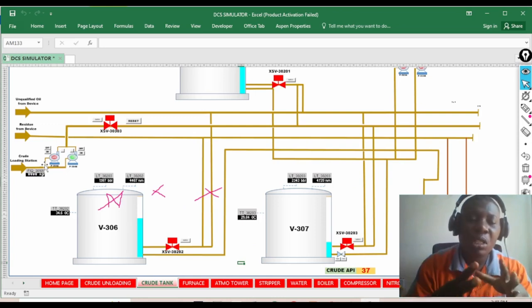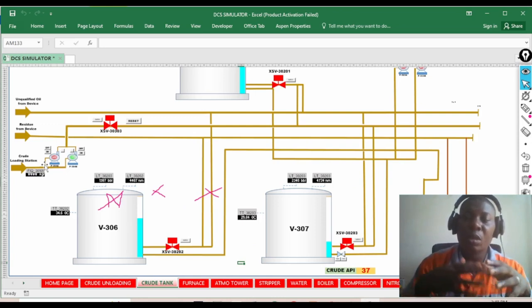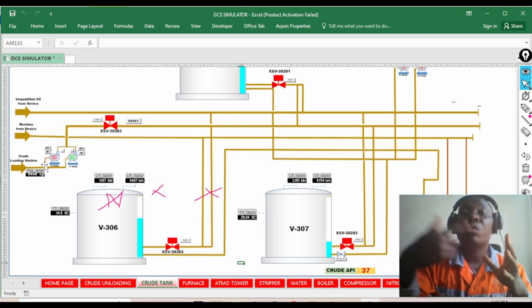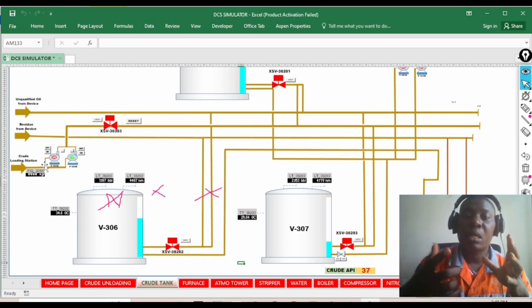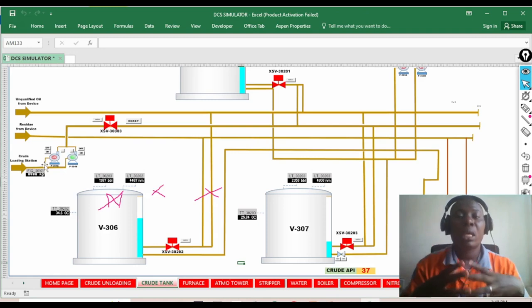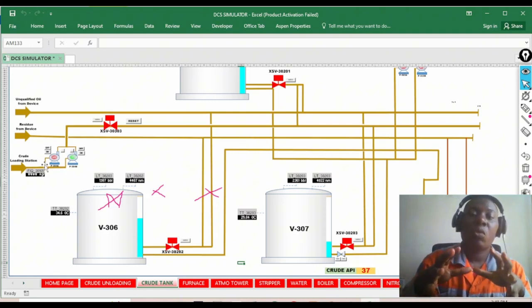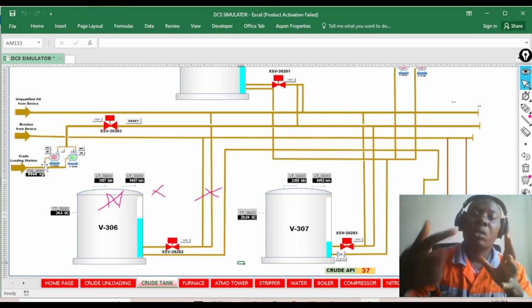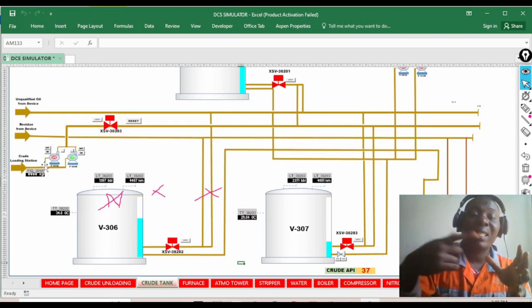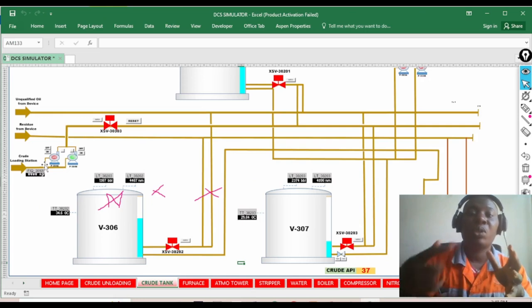Now at that point, what is going to happen? The impellers of the pump will be rotating, they will be working, but there is no fluid, so it will be sucking air, and then what we call cavitation is going to take place. Now continuous running of the impellers will cause the seals inside the pump to get very hot.